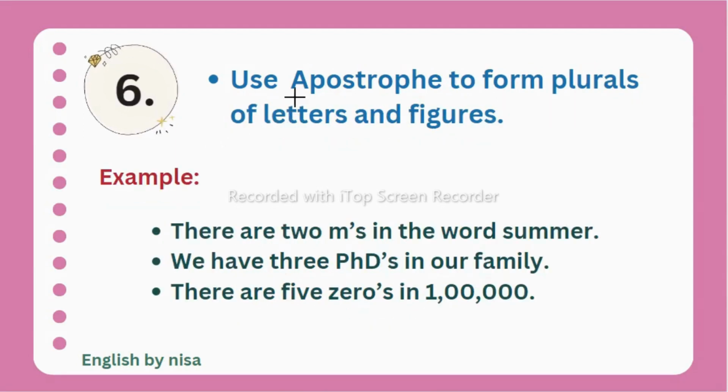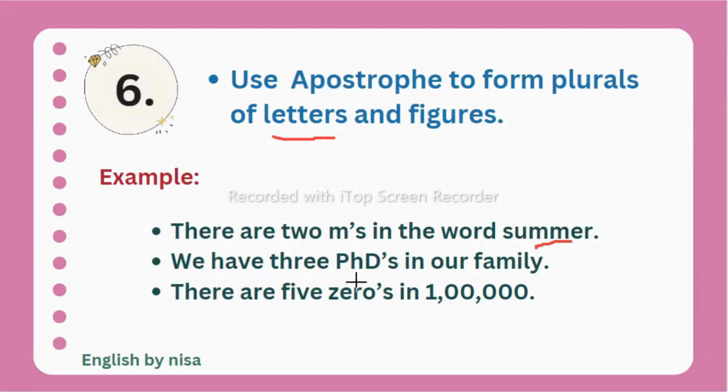Here the last rule is to use apostrophe to form plurals of letters and figures. For example, you can see there are two m's in the word summer. So here, plurals for letters: in the spelling of summer we have two m's. To show that we have a double m, we say two m's.